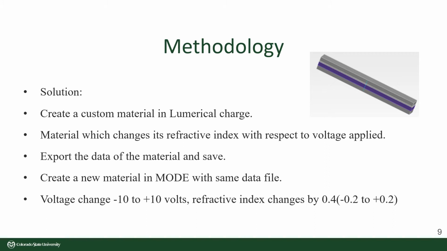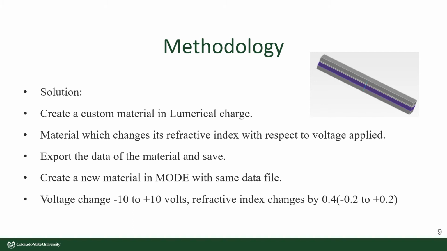You can see in the figure that there are three different materials used for this design: a blue one, light gray, and dark gray ones. The blue is silicon, the light gray is a metal, and the dark grays are the silicon dioxide, which are the substrate. When we apply voltage to the metal, the refractive index of the silicon changes.